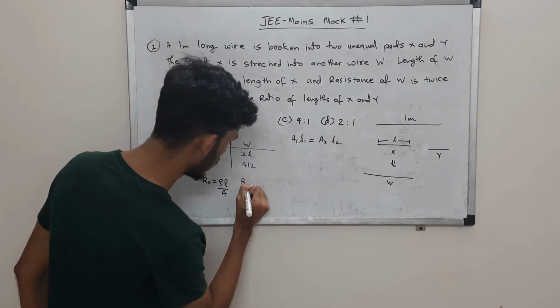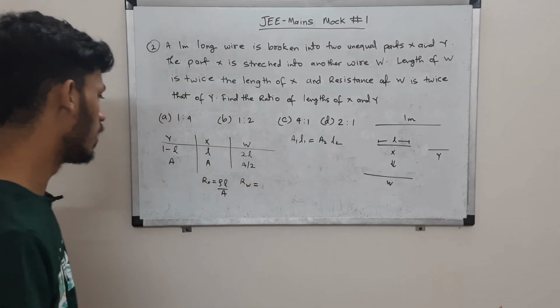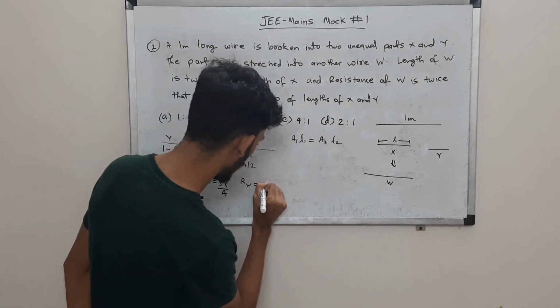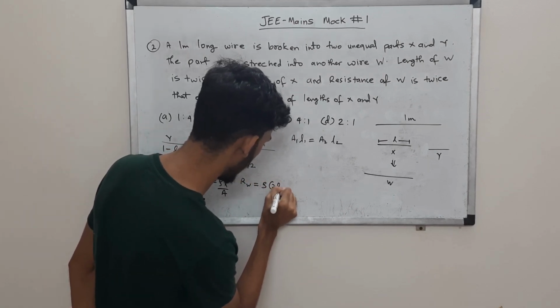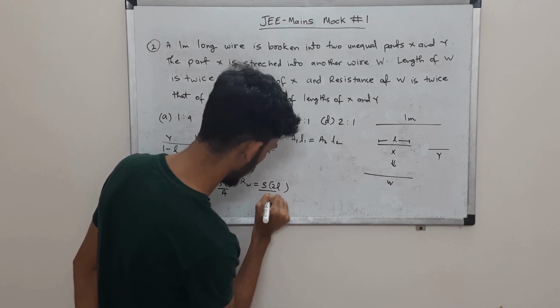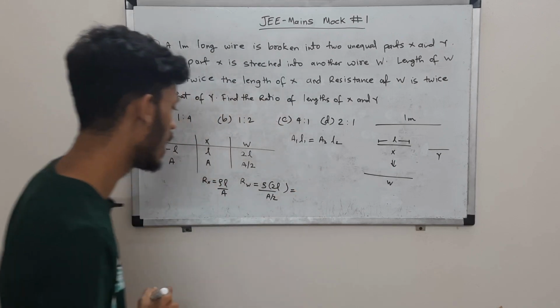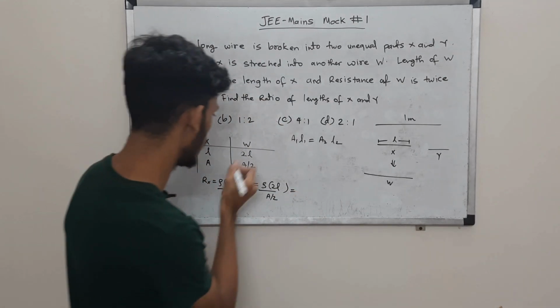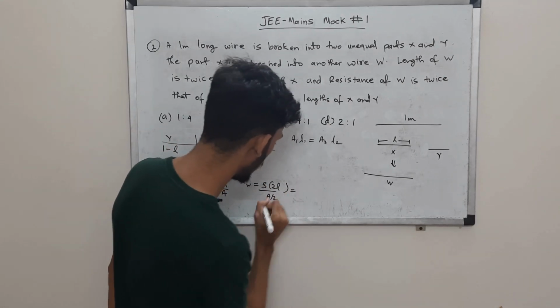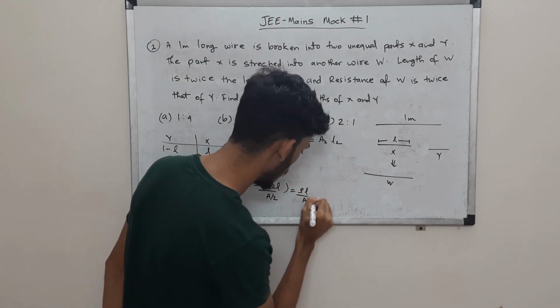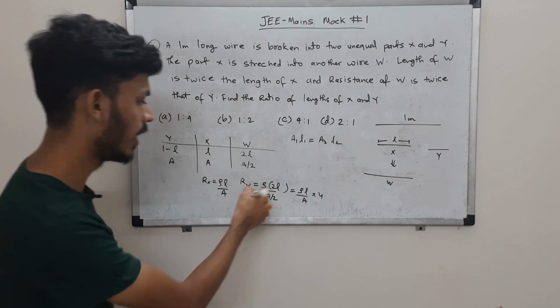And here the resistance of W will be rho 2L by A by 2, right? I'm substituting the particular areas and the length. So this 2 will go in the numerator, so you'll get rho L by A times 4, right?